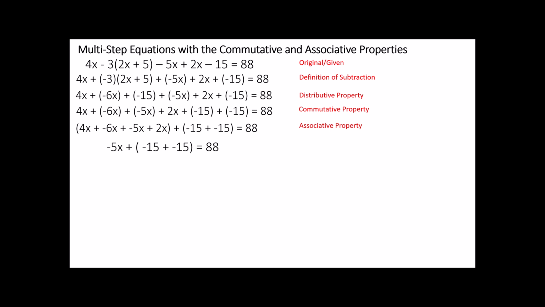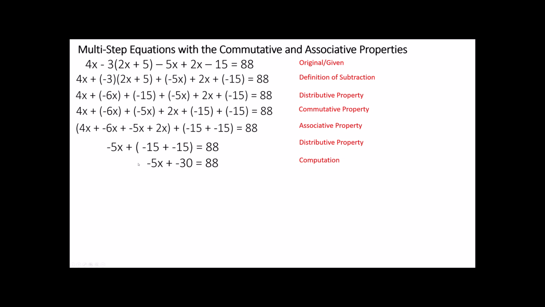How about this one? I took all my x's and combined those. Combining your x's, a lot of people call that combining like terms. The technical term for that is the distributive property. And then the next step, hopefully you realize, is just simple computation. If you were to say addition, that would be correct as well.